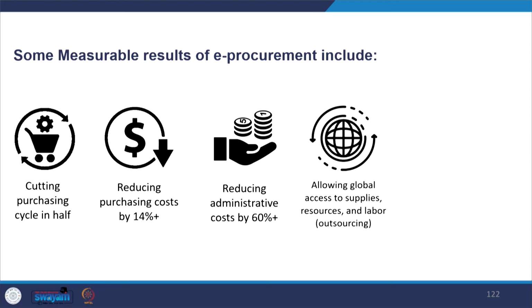So, even if you buy through any online marketplace, the cost of traveling, searching, all these things are reduced tremendously. Administrative costs are reduced by 60%, so you can imagine how much saving the company can make. And finally, it allows for global access to suppliers, resources and labor. So, all these things are some of the key benefits that you get by e-procurement.